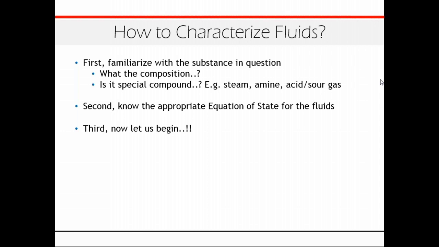I've said something before, if you remember, when we're talking about reservoir simulation: the crude oil that we have in any location will differ in its molecular composition from location to location.